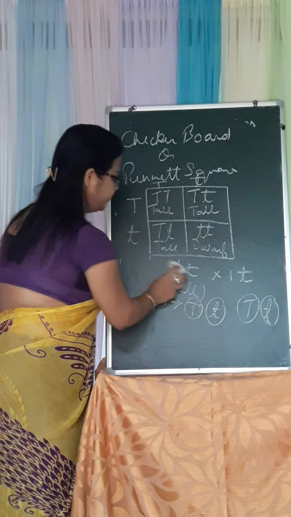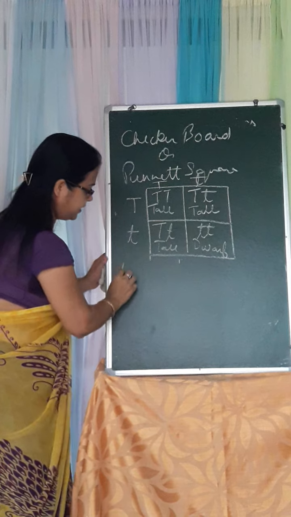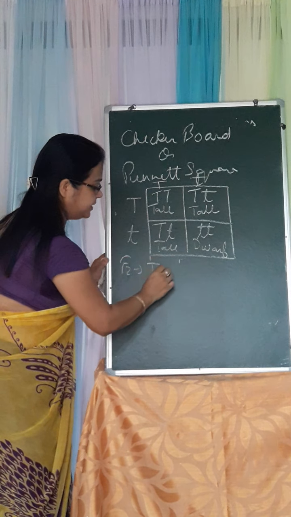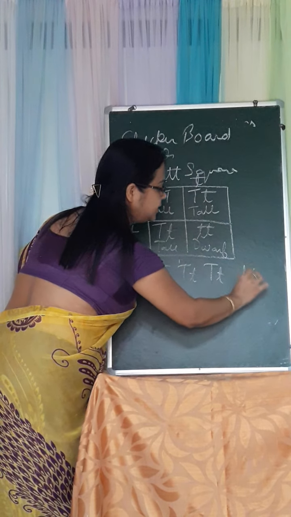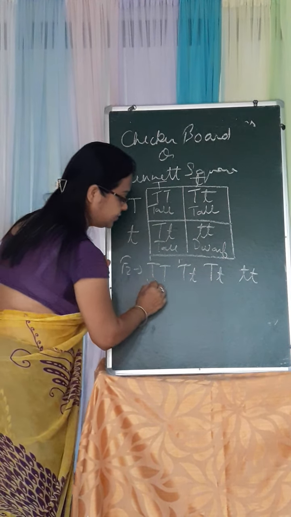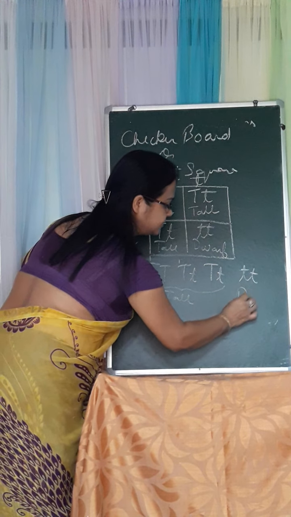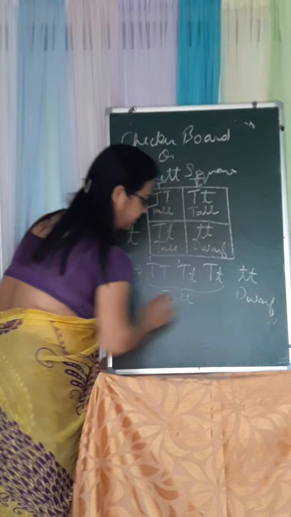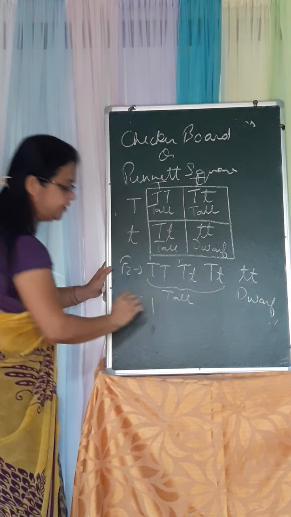Capital T, small t is tall, and this will be a dwarf plant. So what do we get in the F2 generation? Capital T, capital T; capital T, small t; capital T, small t; small t, small t. These 3 plants are tall and this is a dwarf plant. So we get 3 tall plants, 1 dwarf plant.